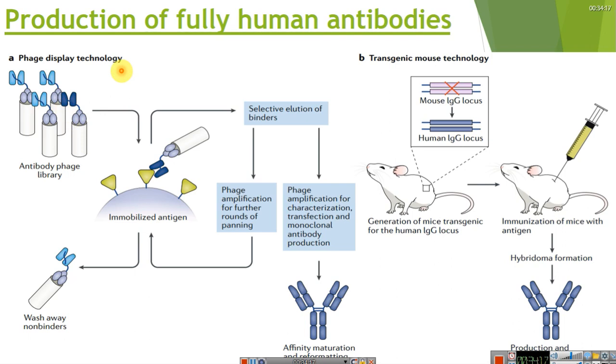Mostly in M13, if you know the phage, M13 has an outer coat and inner coat. The coat tail proteins P3 and P7 mostly are used. They are fused with the rearranged antibody genes, and then a library is prepared, and then the whole library is screened, because different types of antibodies will be produced by the different phages.